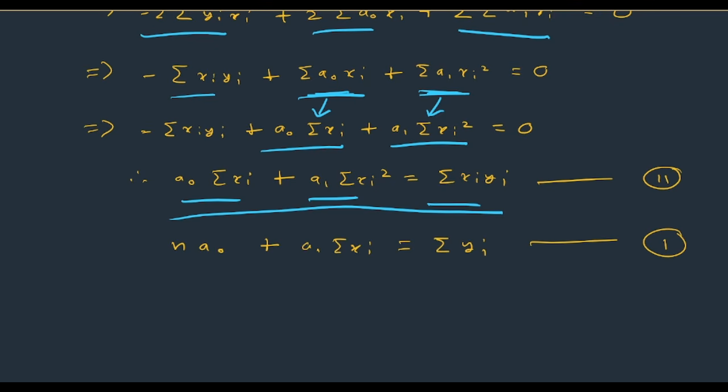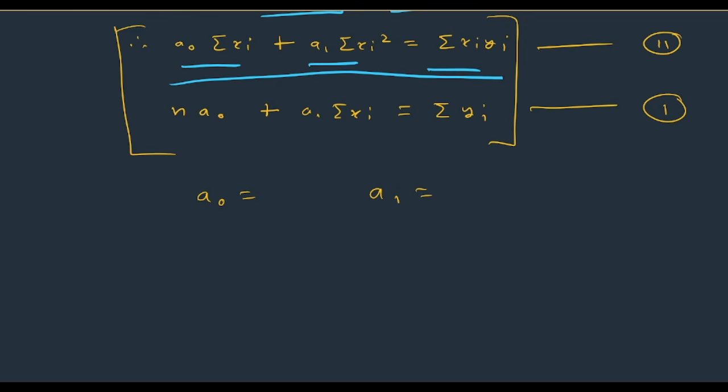So this is a situation from where, if we solve these two equations, we will eventually get the values of a0 and a1. How can we get it?